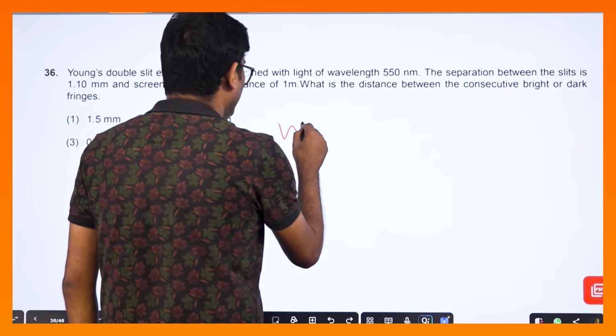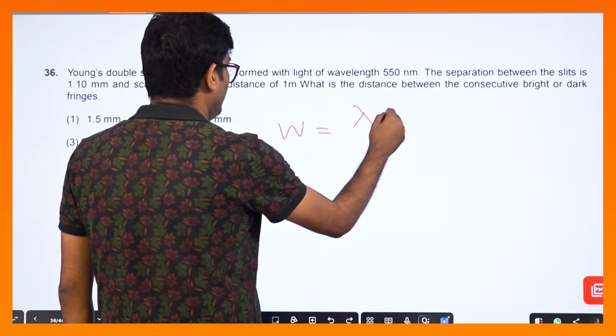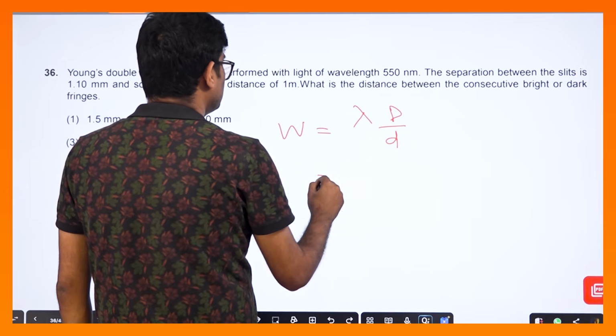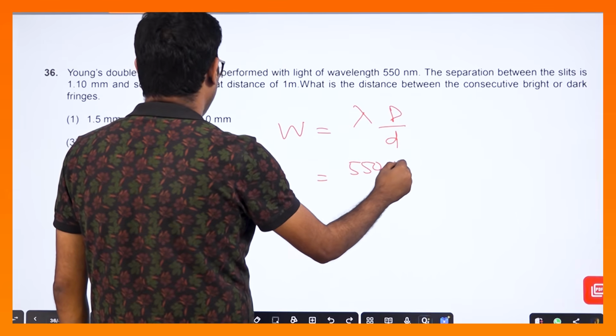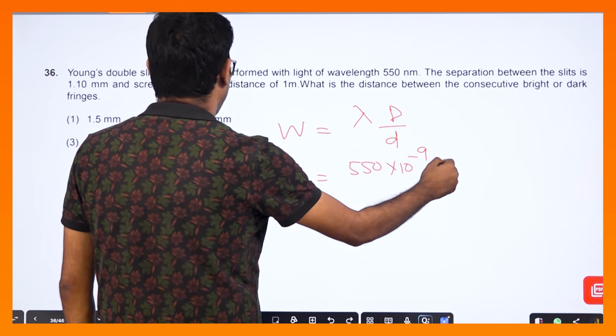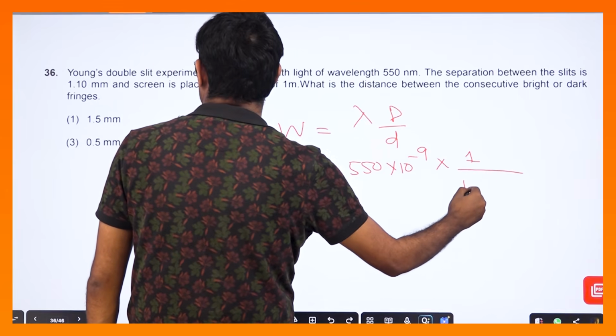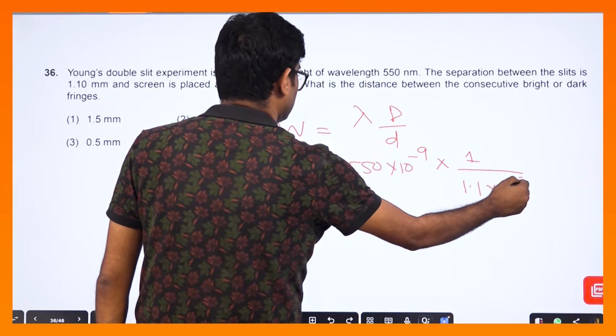We know that fringe width is equal to lambda D by d. So the lambda is 550 into 10 power minus 9, capital D is 1 and small d is 1.1 into 10 power minus 3.